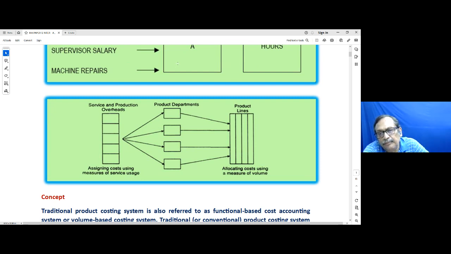Finally, we calculate the overhead absorption rate based on machine hours or labor hours, whatever it may be, and charge it to the product lines. So for service and production overheads, we assign cost using a measure of service usage, and for the various production departments we charge the cost using a measure of volume.